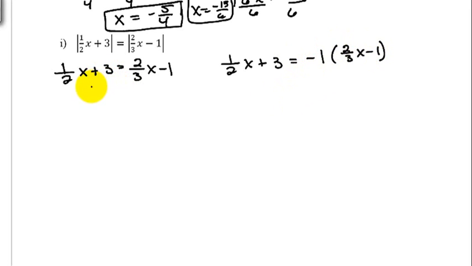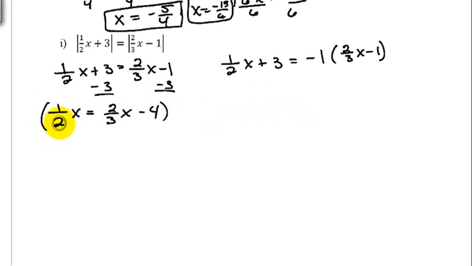So now we're going to solve these. Subtract 3 from both sides. We get 1/2 x is equal to 2/3 x minus 4. And I like to get rid of my fractions, so I'm going to multiply by the common denominator of 1/2 and 2/3. So that's going to be a 6.